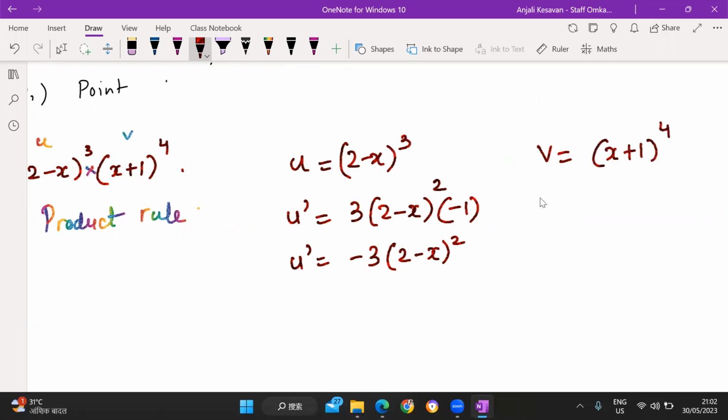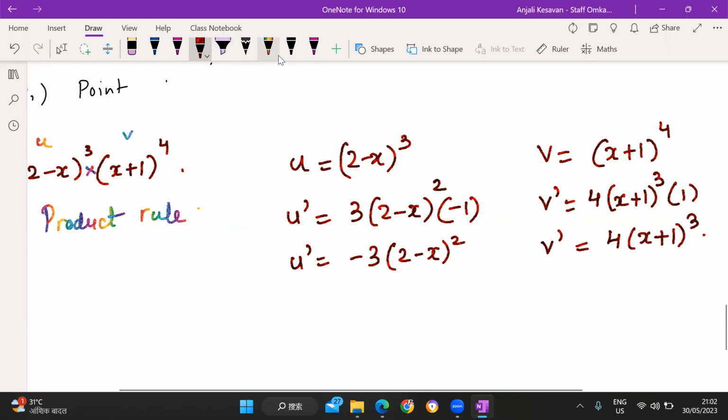What will be v prime? 4 times what? (x plus 1) raised to 3, and anything else? Times 1. Very good, because the derivative of x is 1 plus 0, which is 1. Simplify it further, we get 4 times (x plus 1) the whole cube.